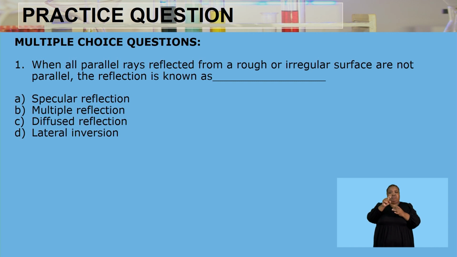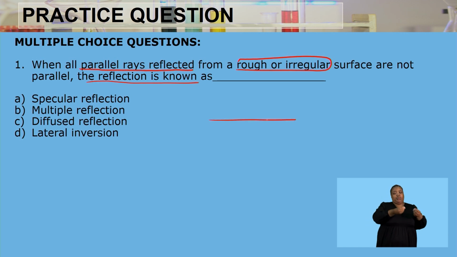And the question says, when all parallel rays reflected from a rough or irregular surface are not parallel, the reflection is known as. So, to decipher this, we are talking about the parallel rays that are reflected from a rough or irregular surface. Remember that we can have 2 different types of surfaces.